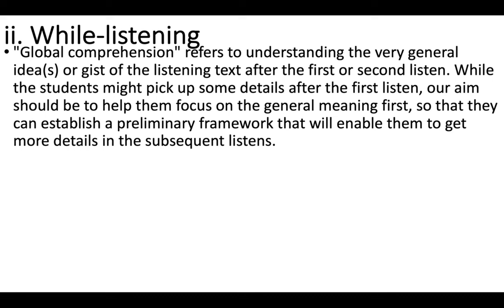So first of all, they should know what the general meaning of the listening text is, so that they can establish a preliminary framework that will enable them to get more details in the subsequent listens. So it's really giving them the general idea of what the text is about, and this will help them get the main ideas.